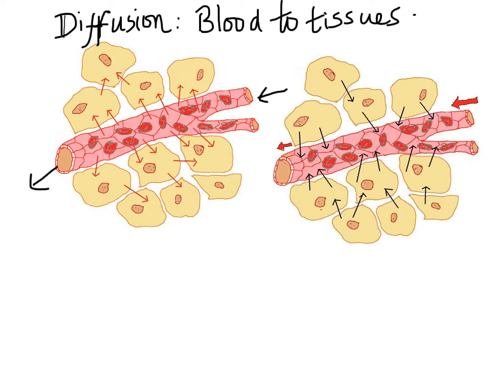Blood moves in that direction, but carbon dioxide moves from the cells to the blood flow, and that's because there's a higher concentration of carbon dioxide here in the cells, because you have respiration taking place. Carbon dioxide is produced as one of the products, so that has to be removed constantly, and that diffuses into the bloodstream, which moves to the lungs where it's breathed out. Okay, so that describes the diffusion as it happens in the tissues.